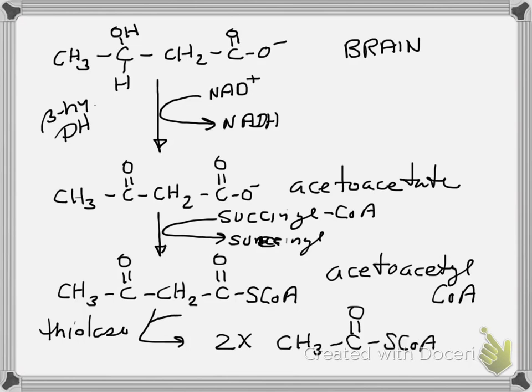And here we are introducing a CoA, coenzyme A, into the reaction so that this coenzyme A can attack this carbonyl and form our two acetyl-CoAs. And now the two acetyl-CoAs obviously go into the TCA cycle, because we're in the mitochondria, of the brain cell or of skeletal muscle, and generate our much needed ATP.